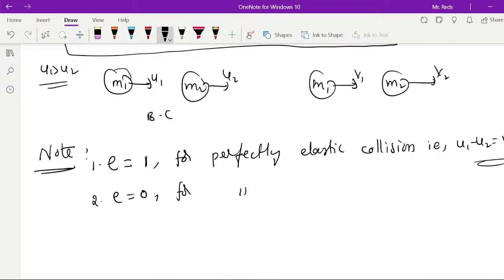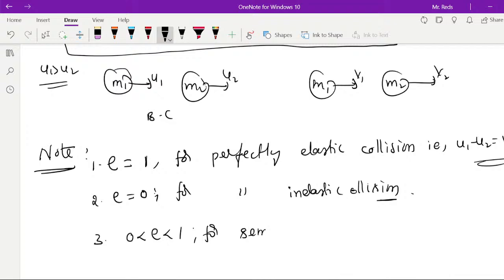And for any other collision, like semi-elastic or semi-inelastic collisions, the E value varies between 0 and 1. So for a semi-elastic collision, E varies as 0 less than E less than 1. If you say inelastic, that is nothing but semi-inelastic.